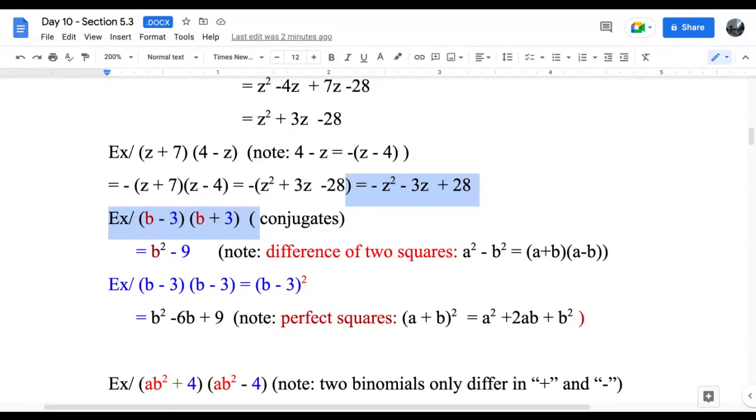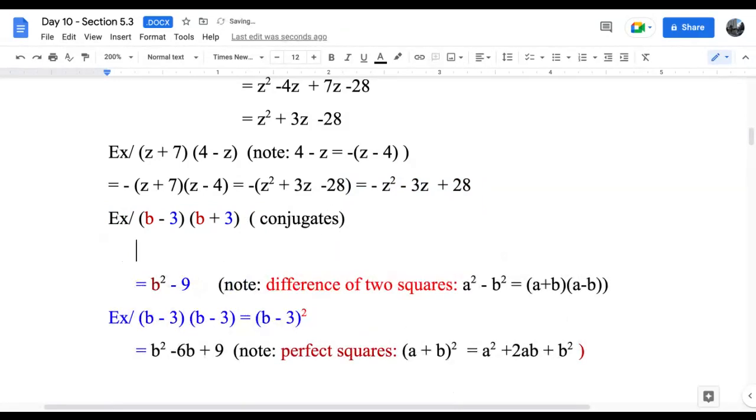And then when we multiply, let's do it step by step first. We do B times B plus 3 minus 3. Remember double distribution?